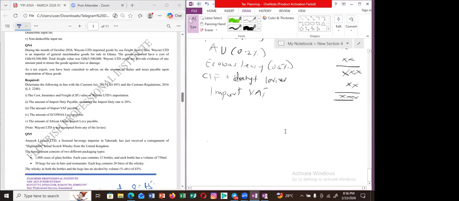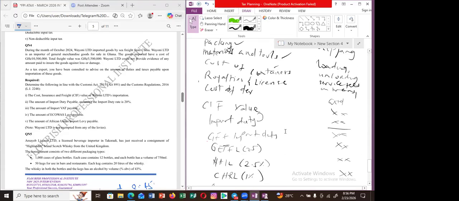Can you scroll down a bit? After the CIF, the total is CIF plus the import duty. Okay, thank you. And those relying on my sending the worksheet, please, I'm begging you.